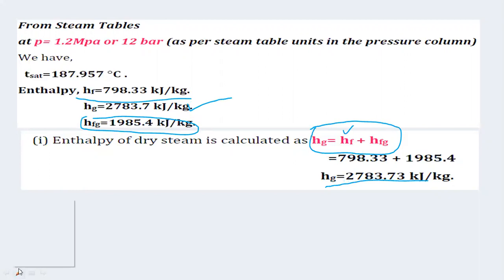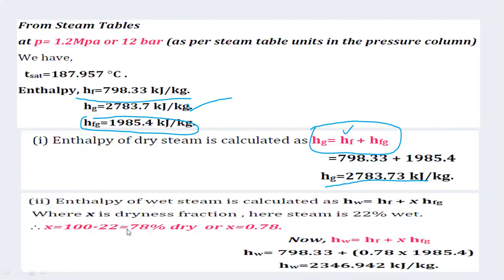Now, when the steam is 22% wet as per the given condition, what happens? We need to find out the dryness fraction. If you observe carefully, the equation for the calculation of wet steam is Hw equals Hf plus x Hfg. What is this term x? This x is the dryness fraction. How do we calculate the dryness fraction?